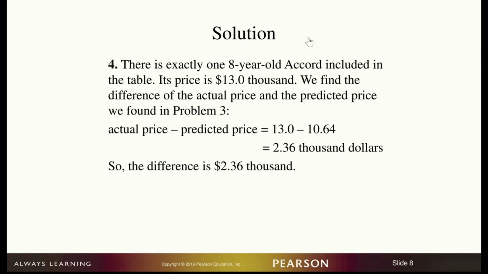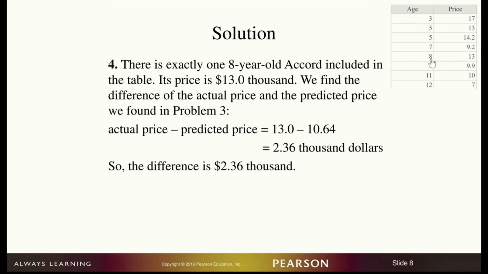Next, we were asked to find the difference between the actual price of an 8-year-old Accord from the data that we were given and the predicted price according to the model. Now, if you recall from the table, let's look at it quickly. We've reproduced it here.